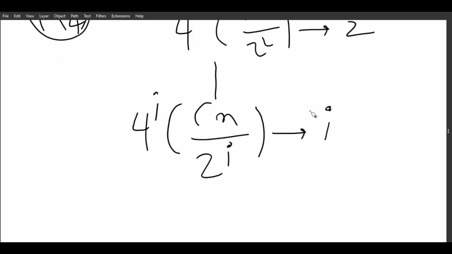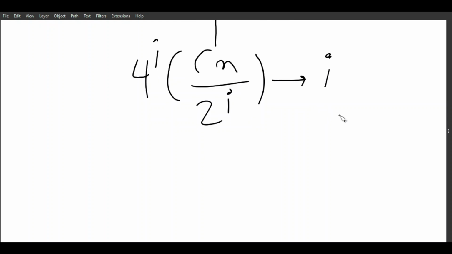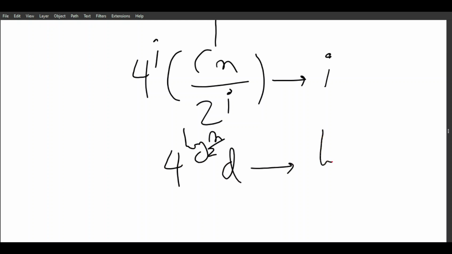But just before leaf, the cost parameter is using C. At the leaf it is D. So just continue, and at the final level we will have 4 power log of n with base 2, D. This is at level log n, log of n with base 2.